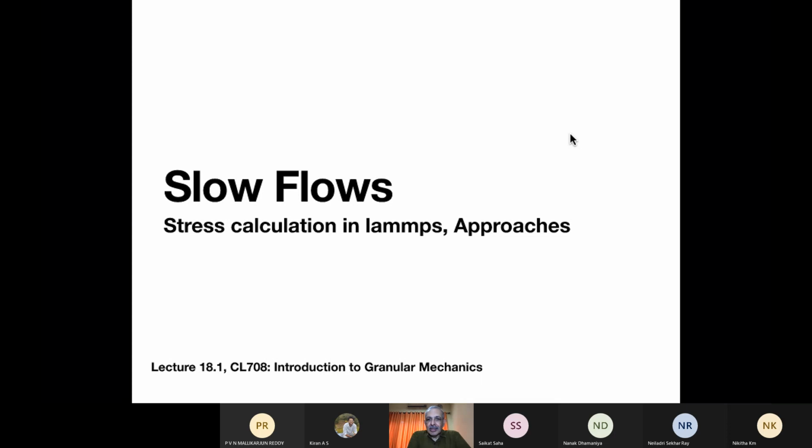So, we've started now for the last few lectures. We have started looking at how we can analyze. In the first part of this segment, we looked at static systems. So let's say, for example, you have a container full of particles which are just stationary.